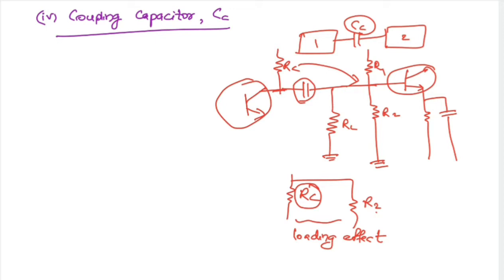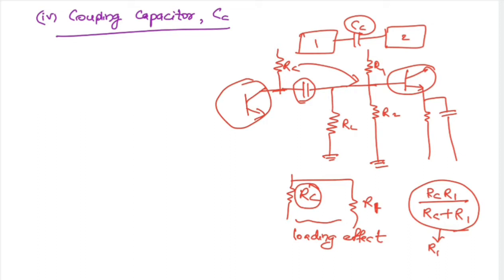Loading effect means RC will come in parallel with R1. If RC is parallel with R1, the total resistor will be RC R1 by RC plus R1. So it will effectively reduce the value of R1.